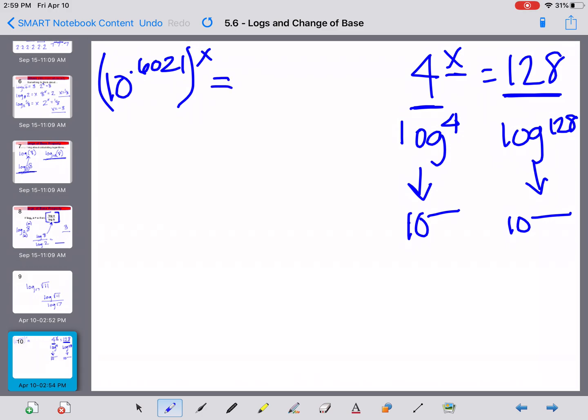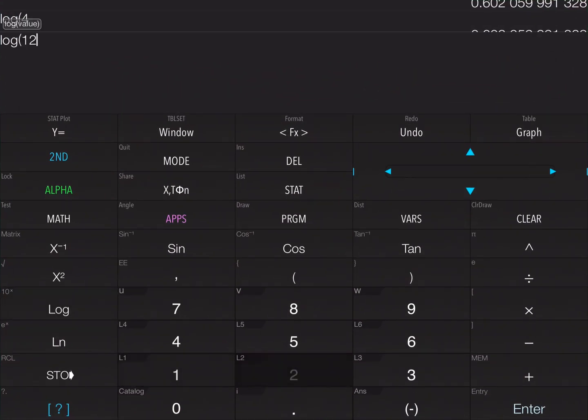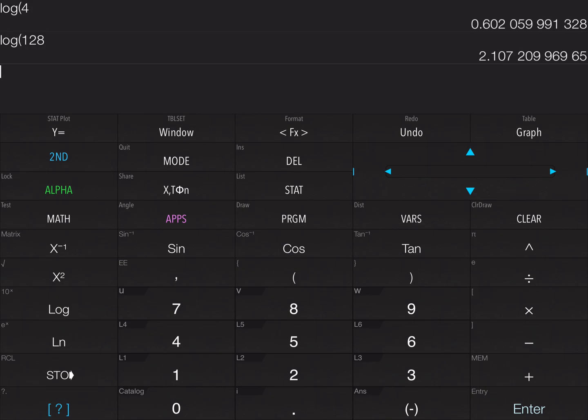Let's set that equal to, and now let's do log of 128. And that's, let's call it 2.1072.